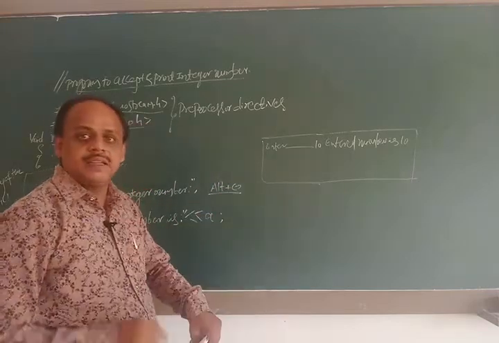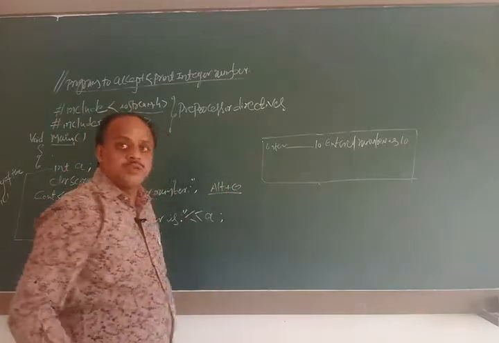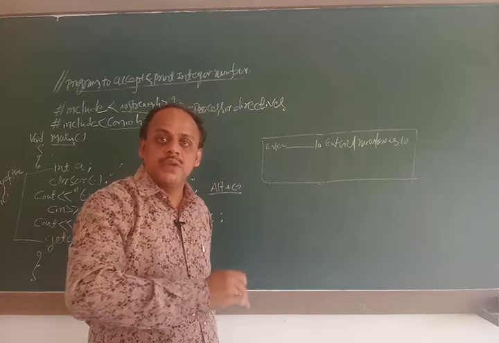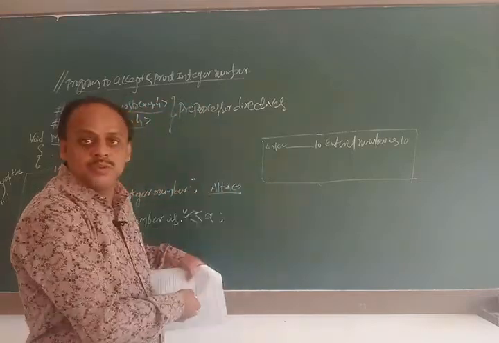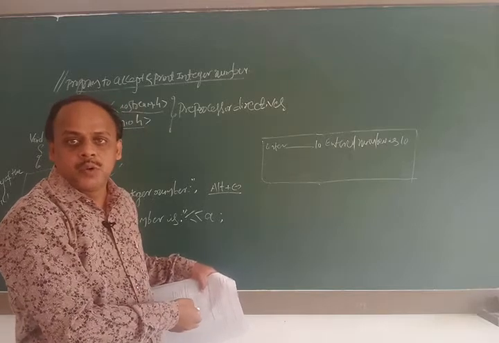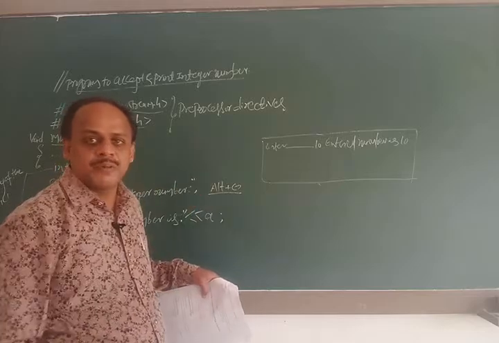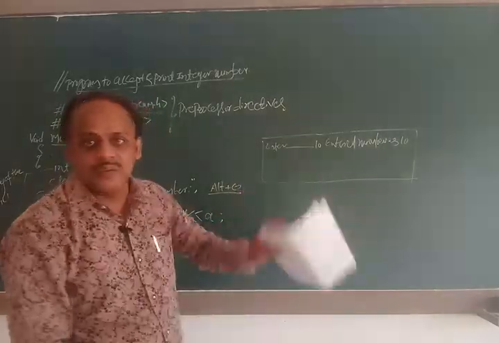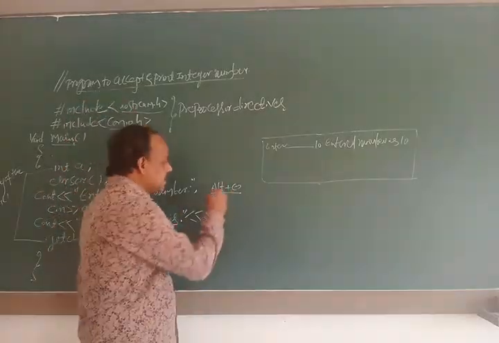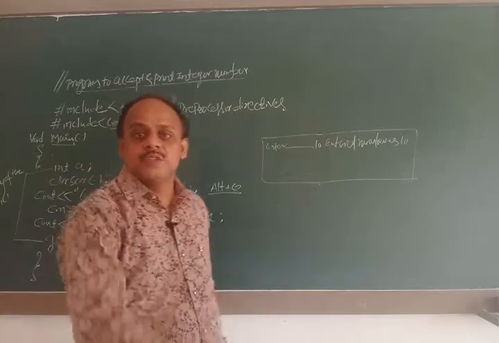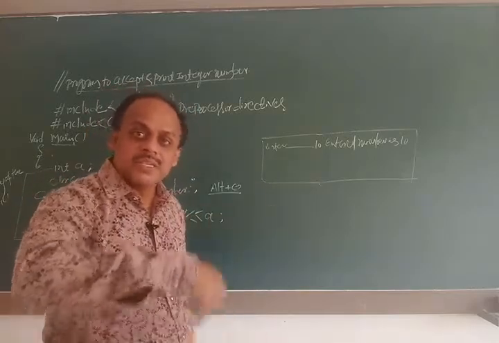So I am entering Alt C at a time, so that is indicated by Alt plus C. So when a user enters Alt C, then what happens? Whatever program the user writes, it may be a C program or C++ program or any high level program, that is going to be converted into machine level language. So Alt C is nothing but compile. The program is compiled.